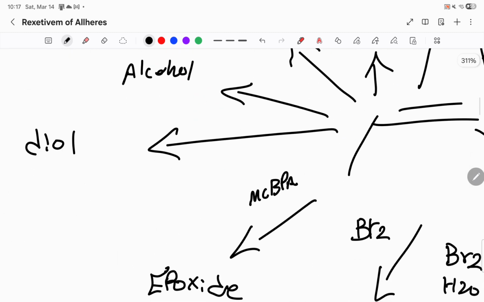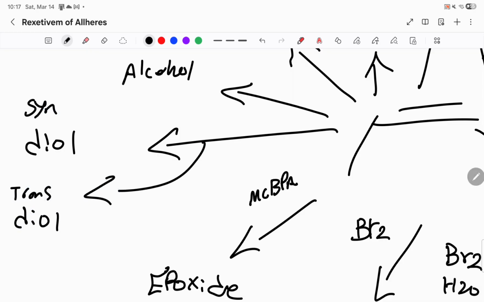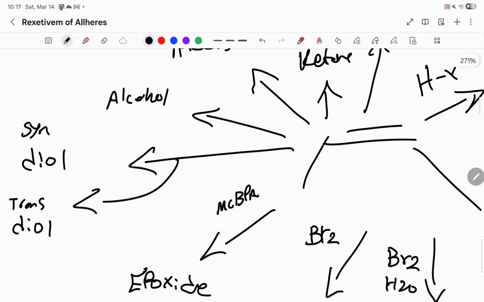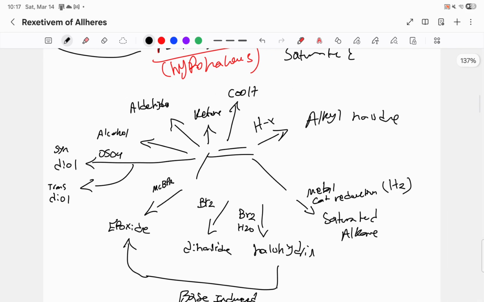We said that a diol could be syn, or it could be a trans diol. And the syn diol, we said that we're making from alkene and osmium tetroxide. We can make the trans diol from an epoxide.